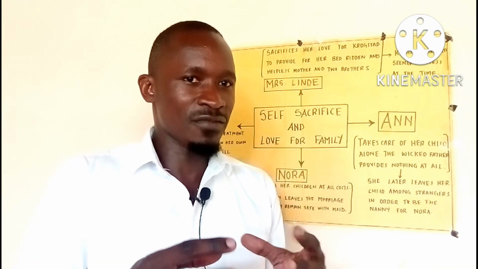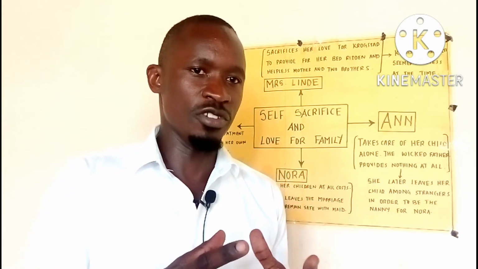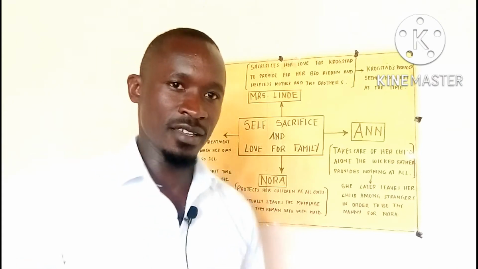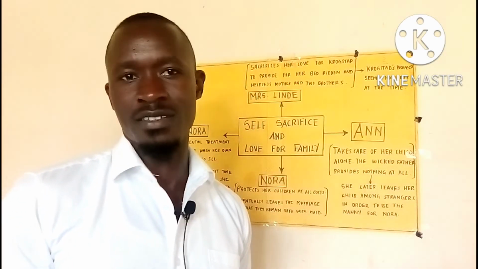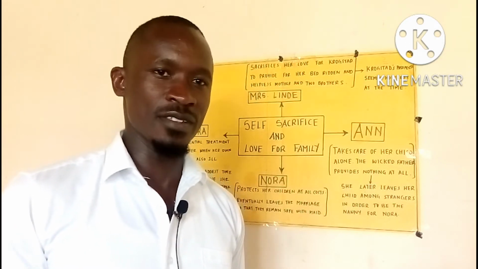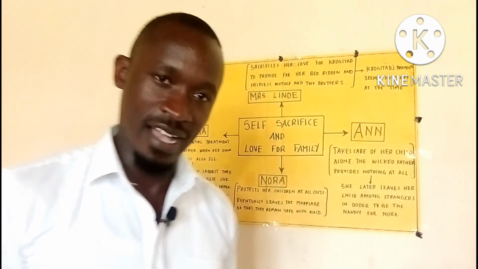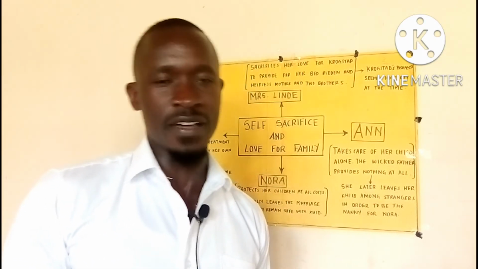So she sacrifices the daughter-mother relationship and union. 3, Nora also shows self-sacrifice when she gives preferential treatment to her husband instead of her father. This happens when Nora has to choose between taking her husband to the south for treatment and taking care of her ill father.